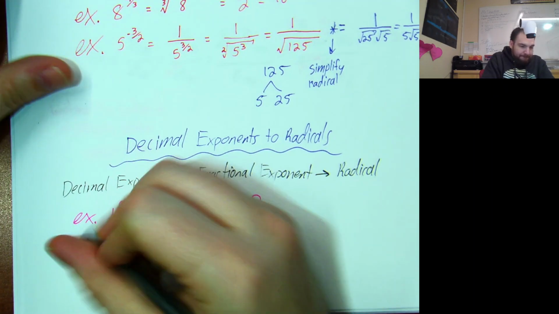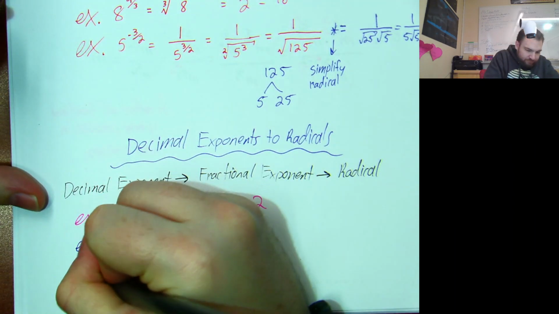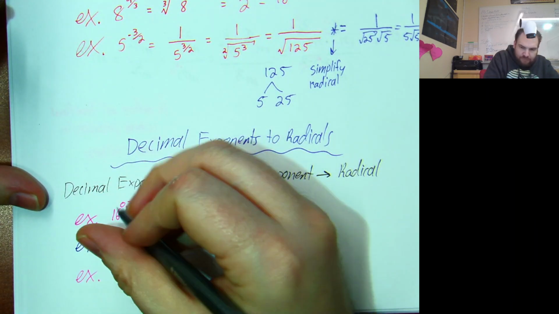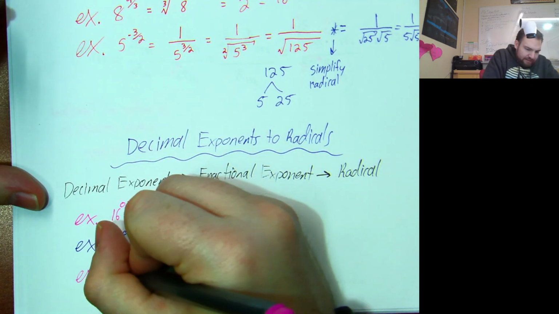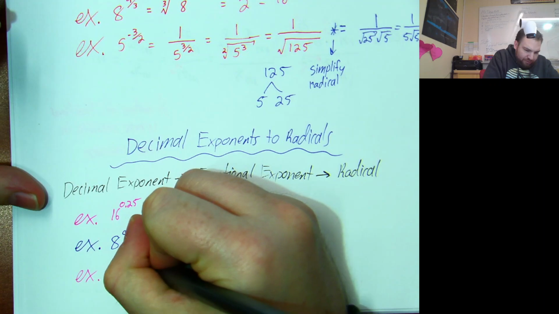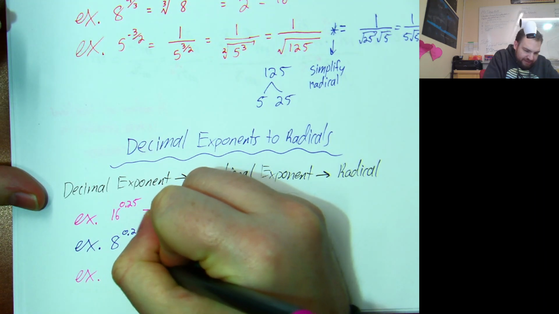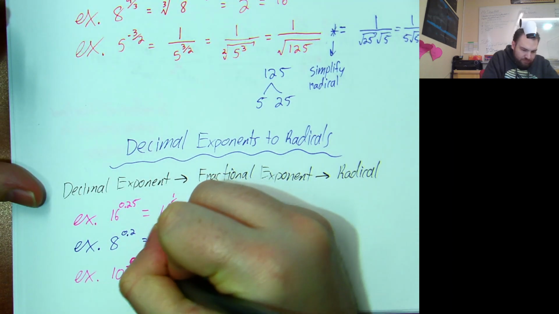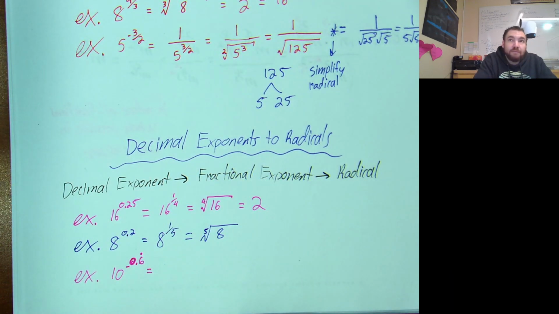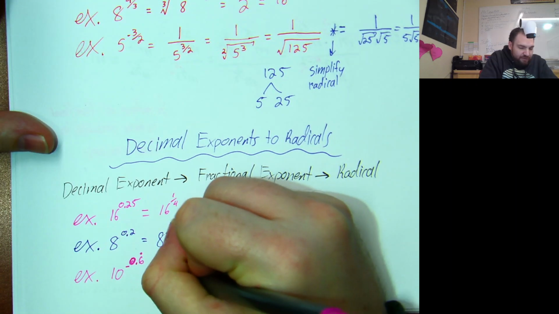One more. 10 to the negative 0.6 repeating. Oh, so you want to make it like this? 1 over 10 to the 0.6 repeating?